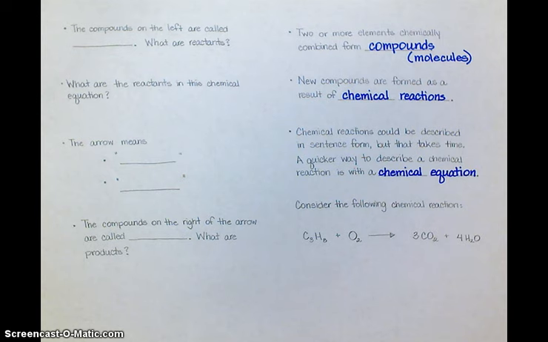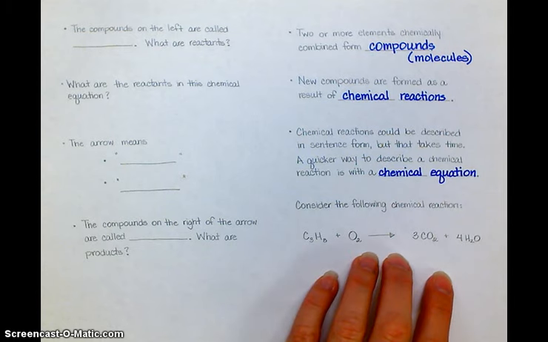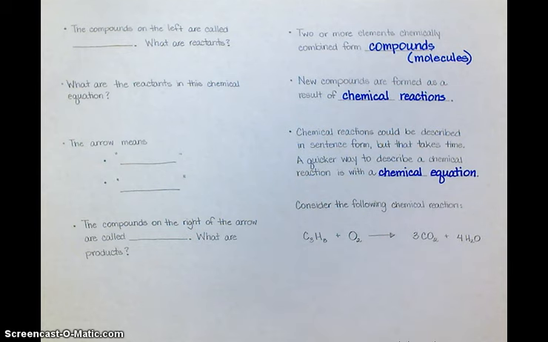The compounds on the left are called reactants. We're talking about the left-hand side of this equation, or pretty much any chemical equation. Reactants are the compounds or elements that we begin with in a chemical reaction. In this particular chemical equation, the reactants are C3H8, which is propane, and oxygen.